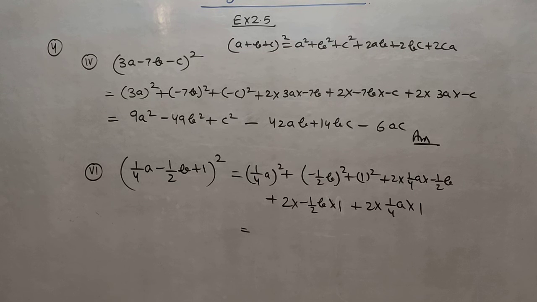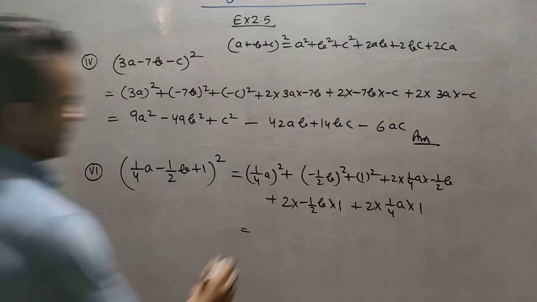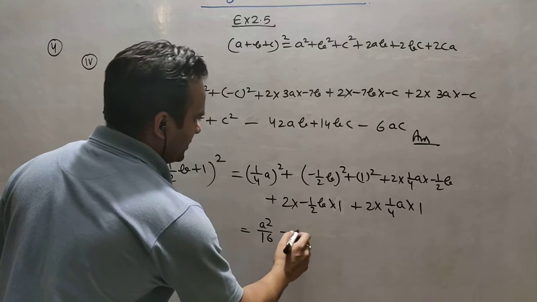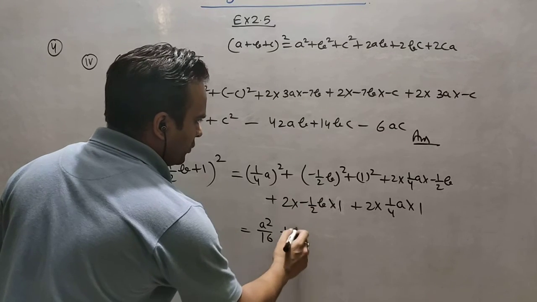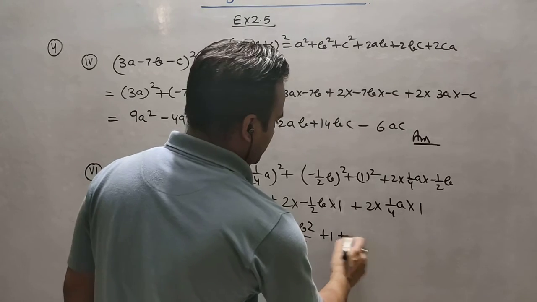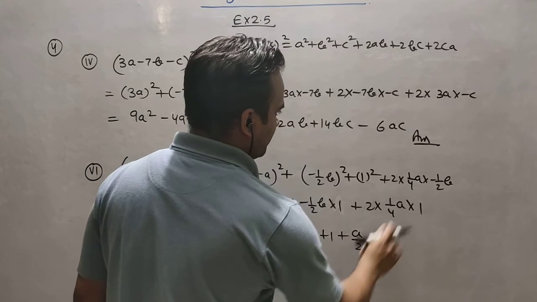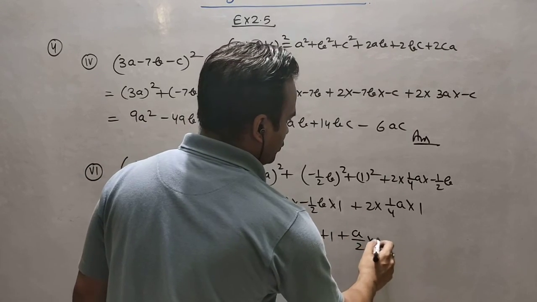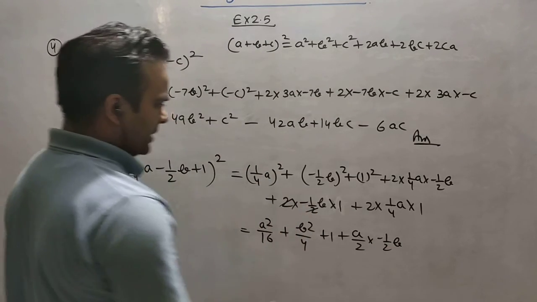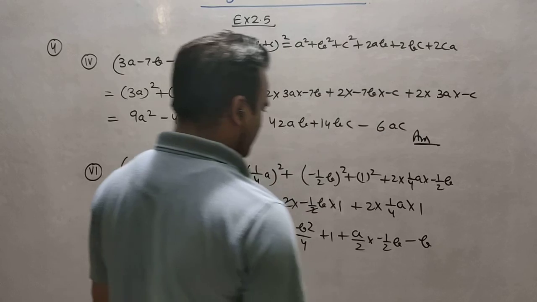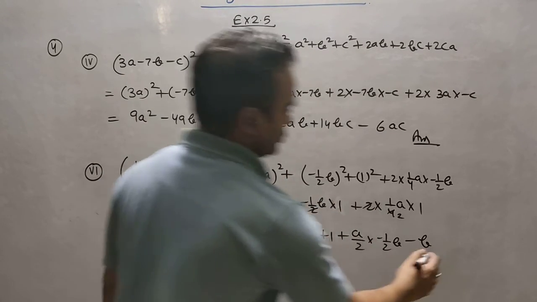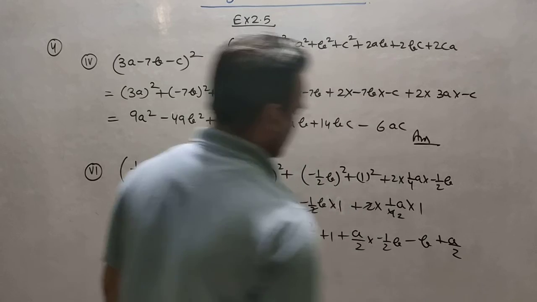Right. Now we will simplify, so it will be a² upon 16, minus square is plus always, so b² upon 4, it is 1, it is a upon 2 into minus 1 upon 2b. Okay, and this 2 and 2 you can cancel, the result will come minus b, and this is 1 upon 2, so we can write it a upon 2.